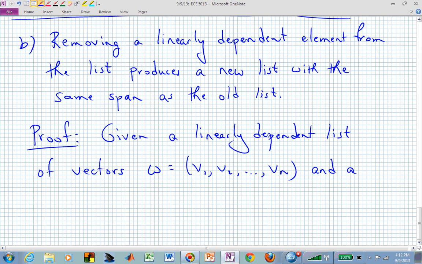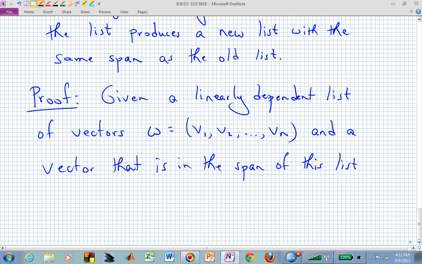V1 is a vector, V2 is a vector, and a vector that's in the span of this list, which we can denote by saying U is an element of the span of W.